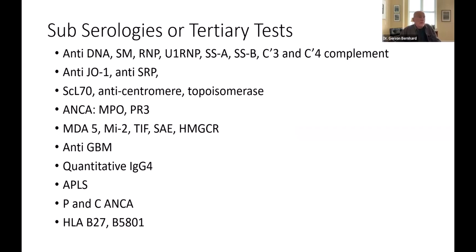Next. So if we get to the point where you're pretty sure that we have an inflammatory rheumatic disease, and it's not just plain straightforward rheumatoid arthritis, and it's not a metabolic rheumatic disease such as either chondrocalcinosis or gout, and you think we're dealing with one of the inflammatory diffuse connective tissue diseases, then the subserologies, which I would consider tertiary tests, become important.